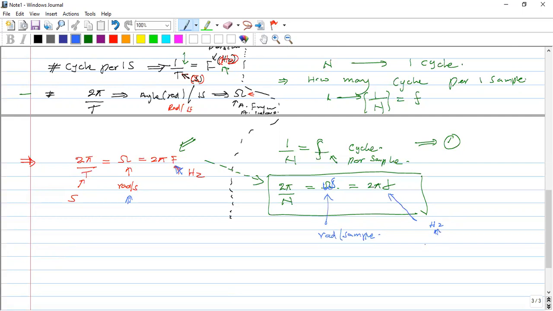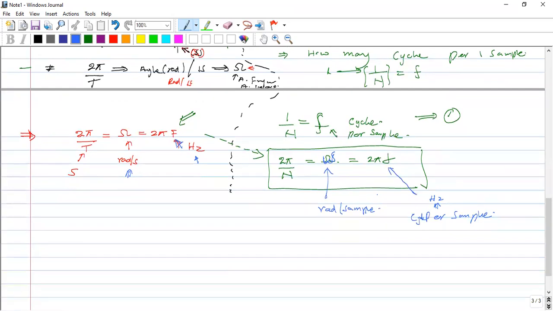But it is actually cycles per sample. Here N is the number of samples, but T is in seconds.